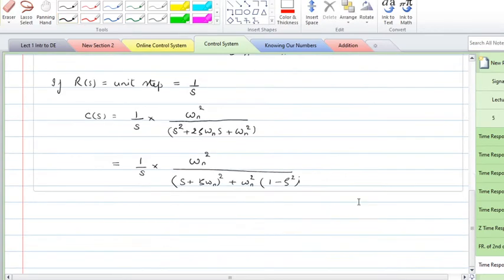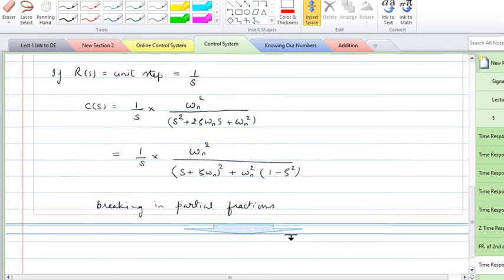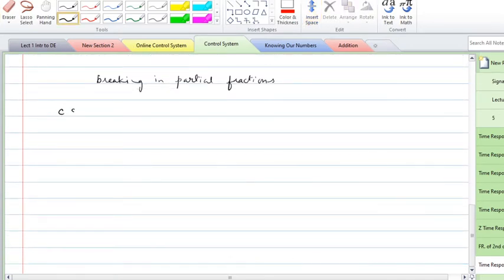Okay, now separating into partial fractions, we get C(s) will be equal to 1 by s minus (s plus 2 zeta omega n) divided by (s plus zeta omega n) square plus omega n square multiplied by (1 minus zeta square).